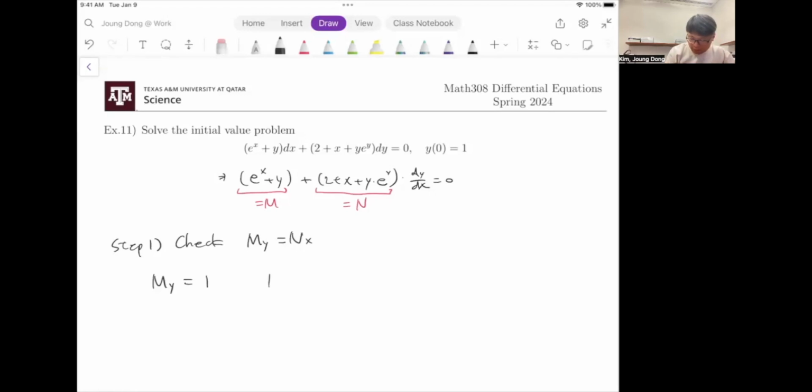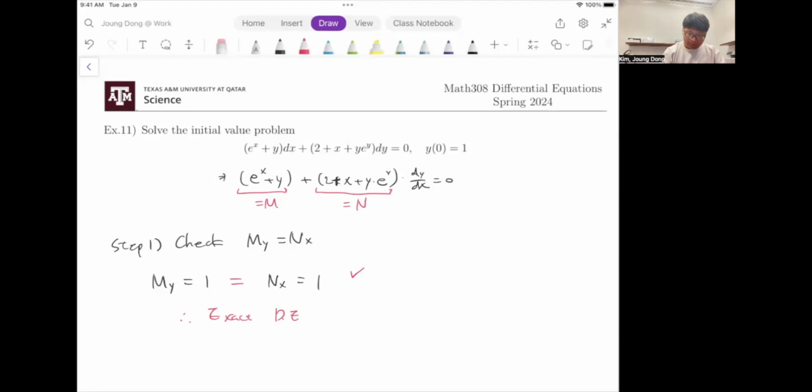And what about N_x? 2' is 0, and x' is 1, and y times e^x, no, it's not a product term, but it is equal to 0 because we consider all functions of y as constants, right? That's it. So check. Then I can say it is the exact differential equation.